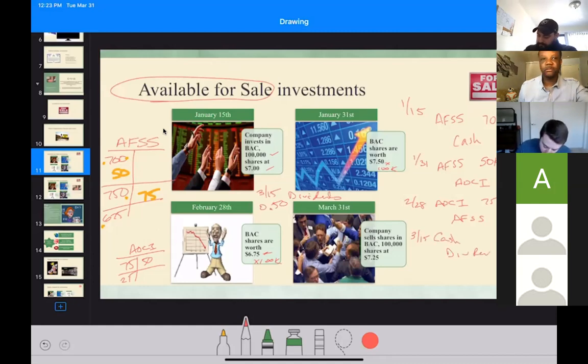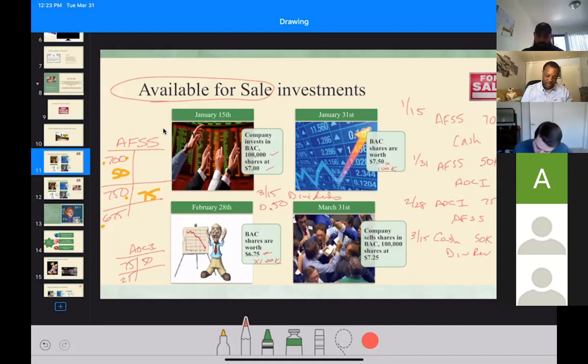Now, I need to break out my calculator for this one. 100,000 shares, 50 cents each share. That's $50,000. $50,000 of dividends.